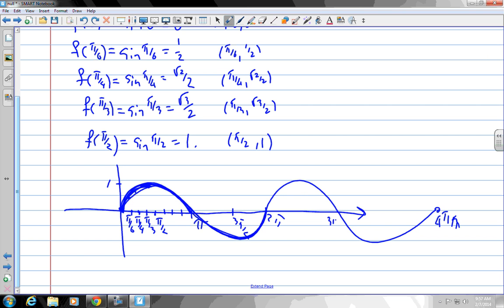This is 3 pi. This is -pi. So this curve will keep repeating itself with the period of 2 pi. So this is one period of that sine curve. Okay?